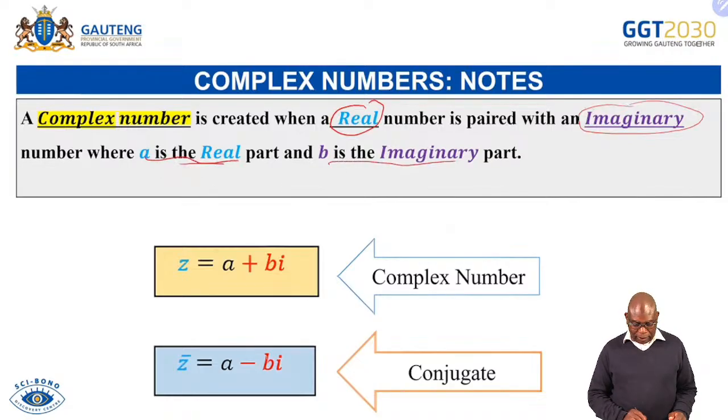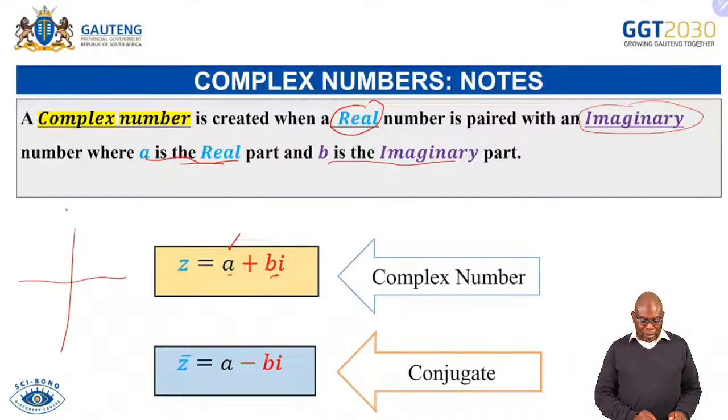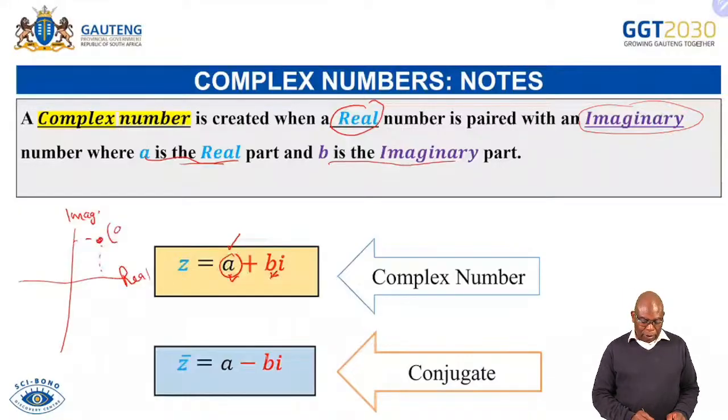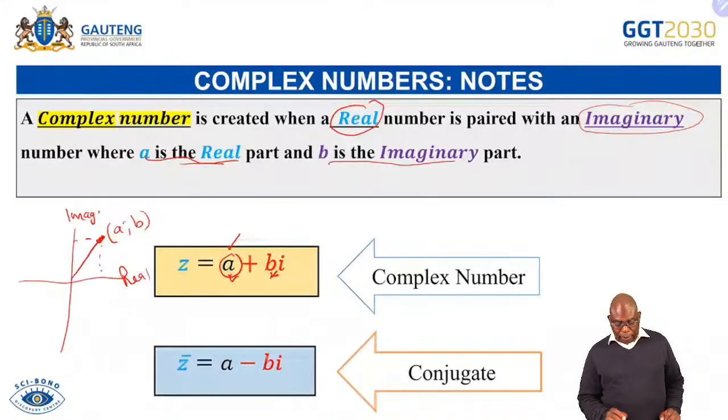So if I write it as A plus BI, the A is the real part. When you do your Argand diagram, you'll see that this is the imaginary part and this is the real part. So if I've got A being the real part and B being the imaginary part, the point is (A, B).